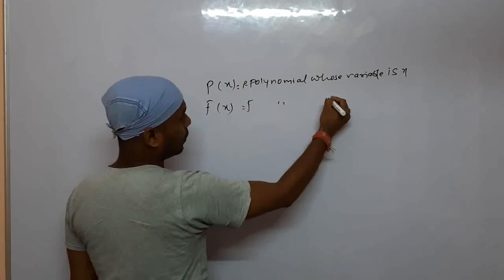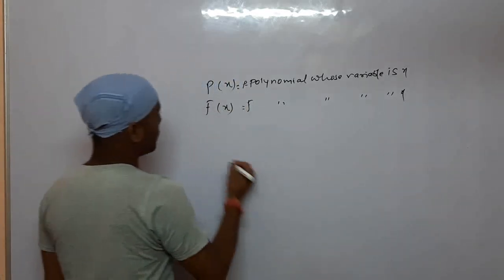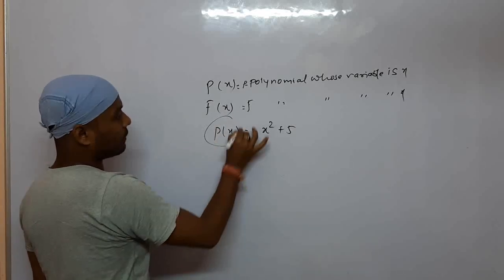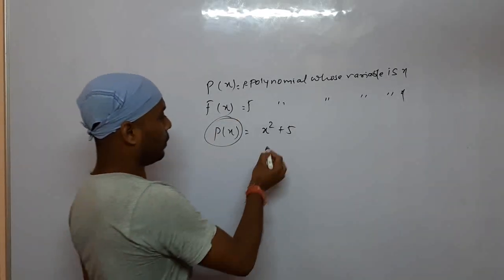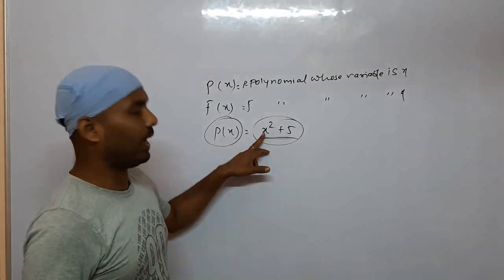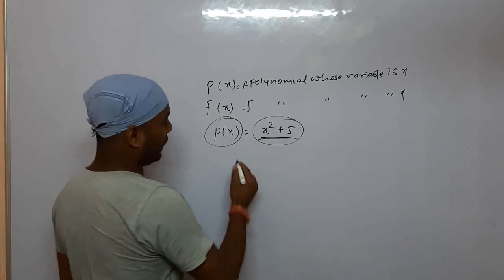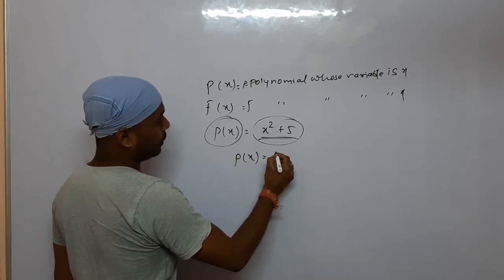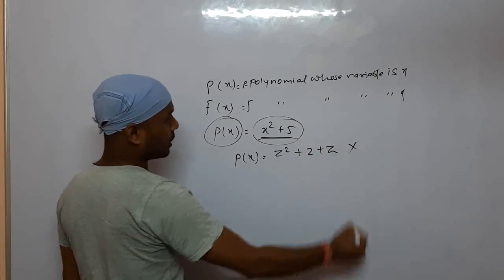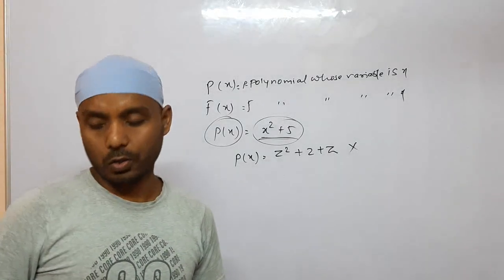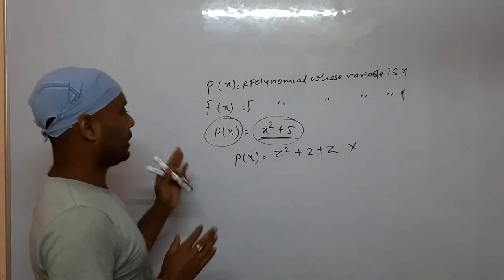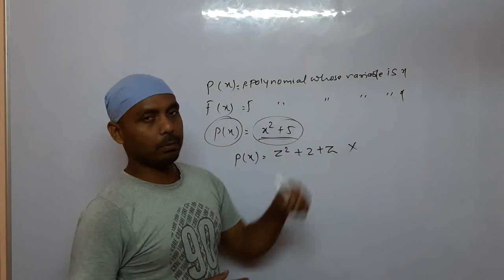An f polynomial whose variable is x might be like this: p(x) equal to x square plus 5. p(x) tells us that whatever polynomial is given will always be in terms of the variable x. If somewhere you write p(x) equal to z square plus 2 plus z, this is a wrong statement, because I have just told you that it is a polynomial whose variable is x.